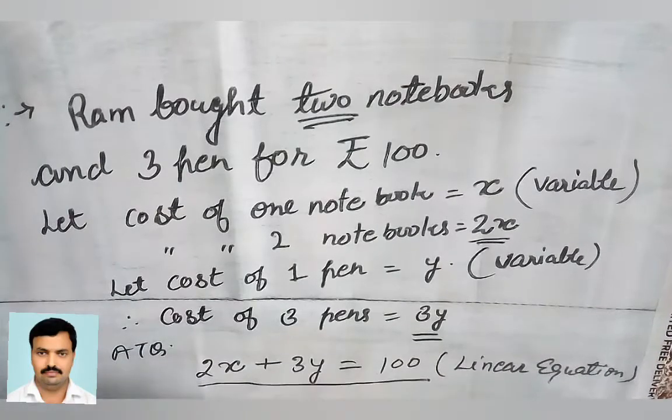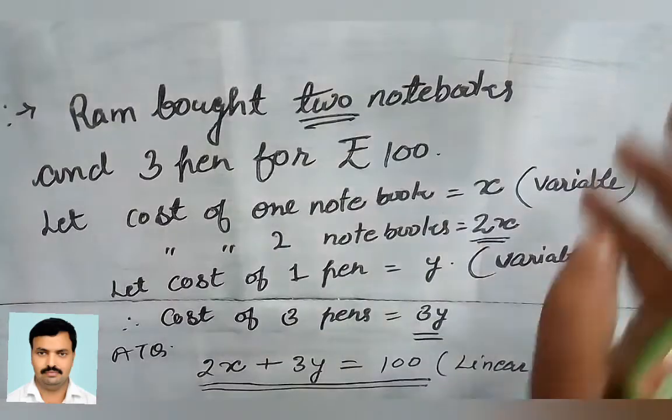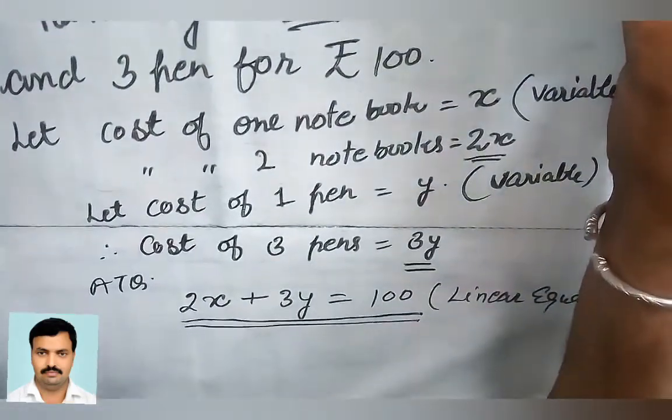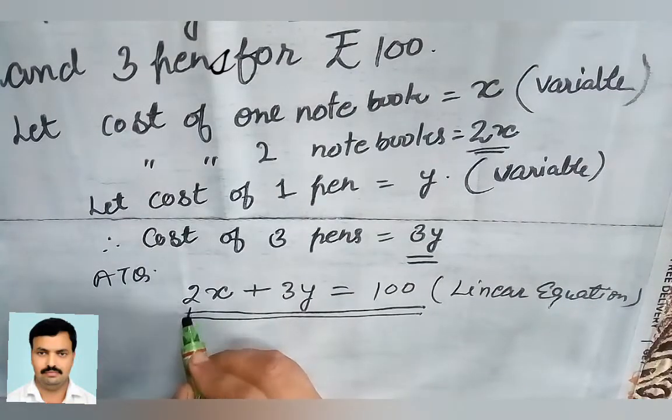Remember, it is in the form of ax plus by equals to c. It is called linear equation because the power of variable is 1.